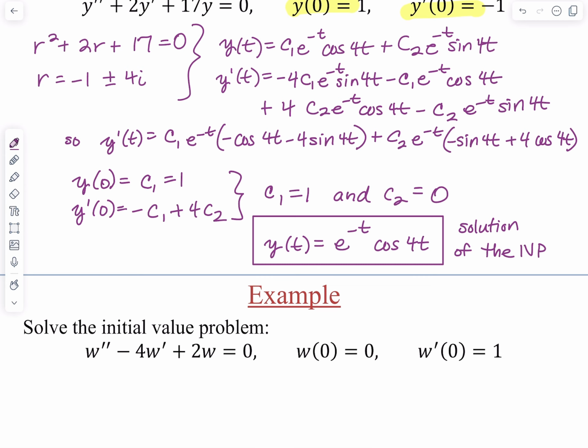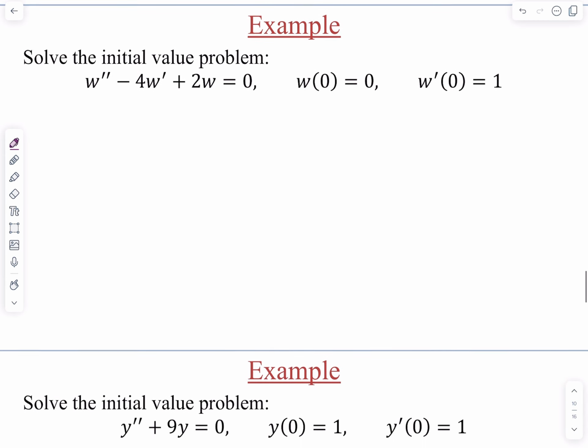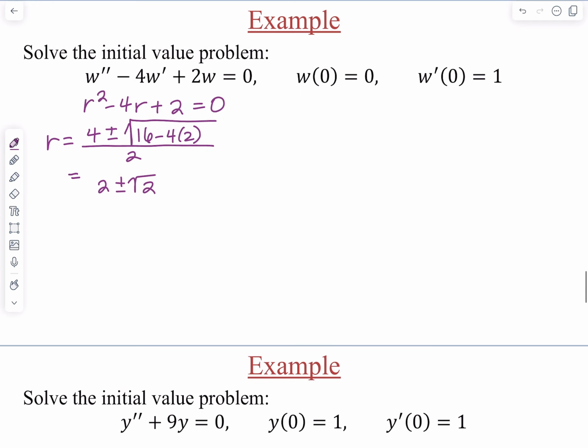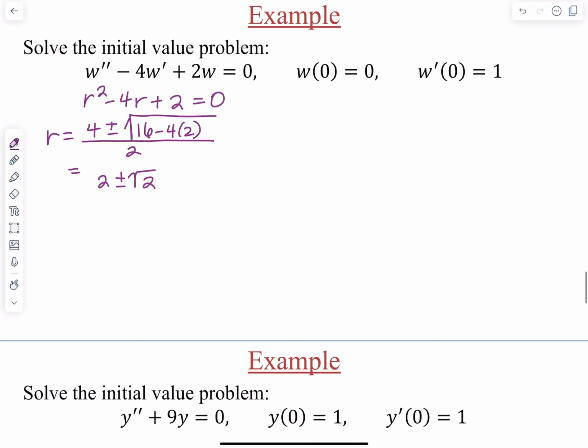Okay, let's go ahead and take a look at our next IVP. And our auxiliary equation is r squared minus 4r plus 2 equals 0. And r is going to be equal to 4 plus or minus the square root of 16 minus 4 times 2, all over 2. And we end up with 2 plus or minus root 2. Well, these are real numbers.